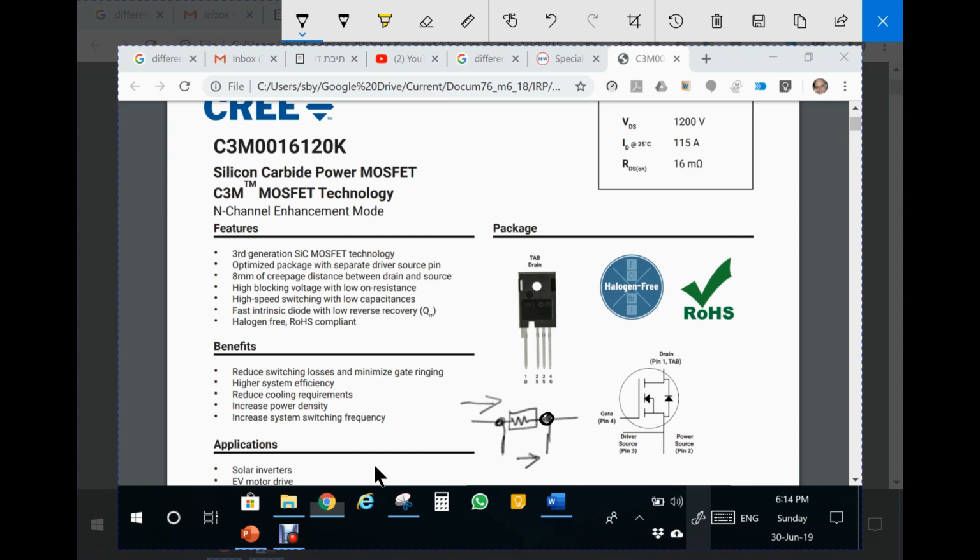So the Kelvin connection means that in order to measure the voltage of a resistor in which you are passing current, you connect two wires here in which there is no current passing through, and then you measure the voltage here.